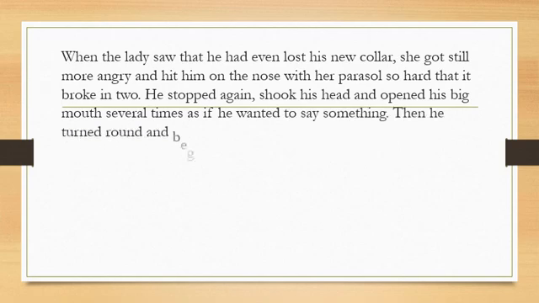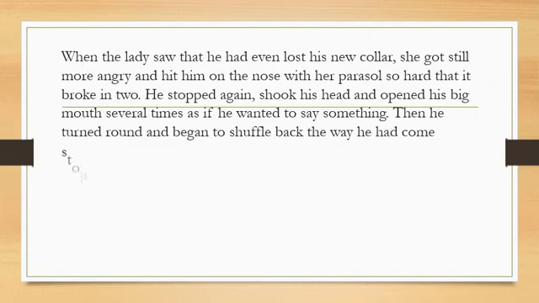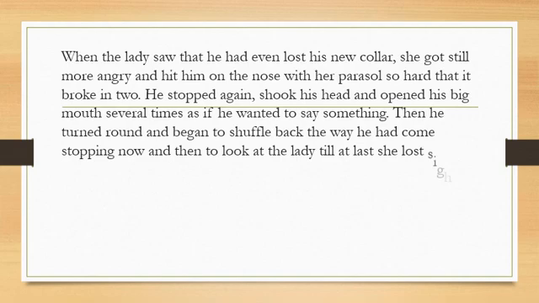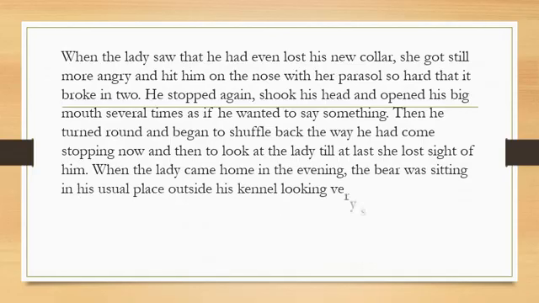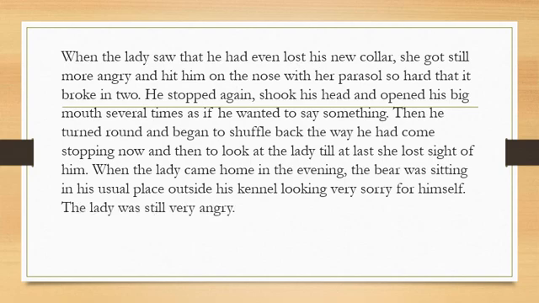Then he turned round and began to shuffle back the way he had come, stopping now and then to look at the lady, till at last she lost sight of him. When the lady came home in the evening, the bear was sitting in his usual place outside his kennel, looking very sorry for himself. The lady was still very angry.